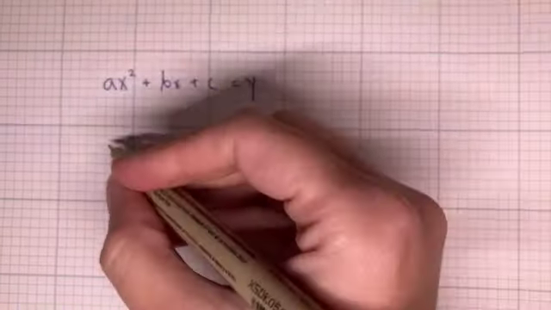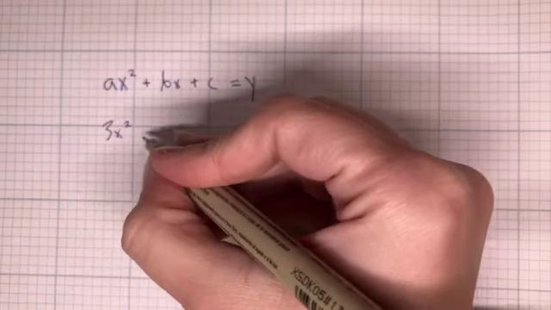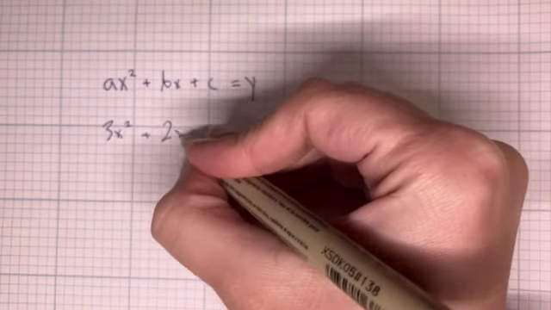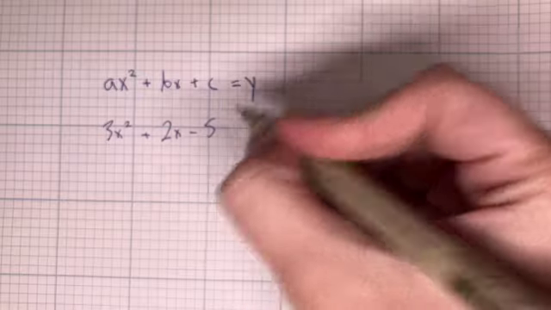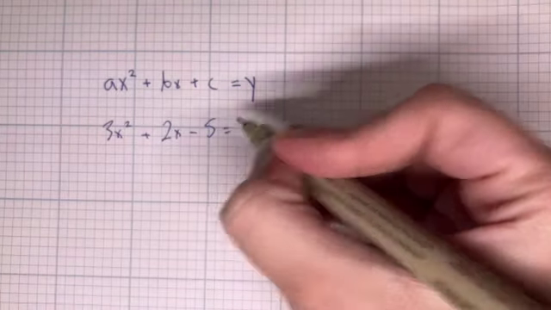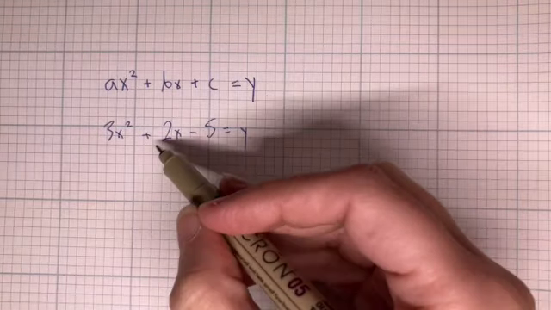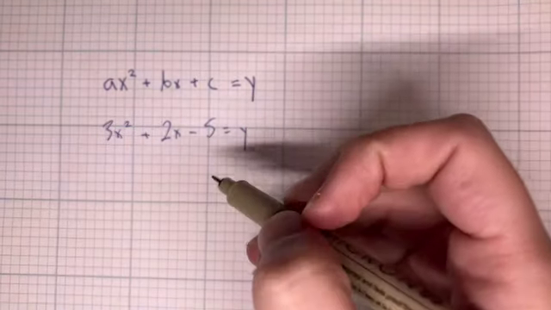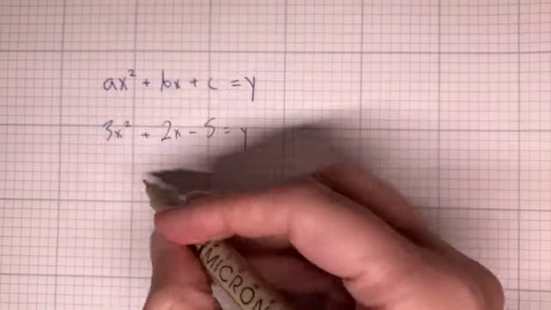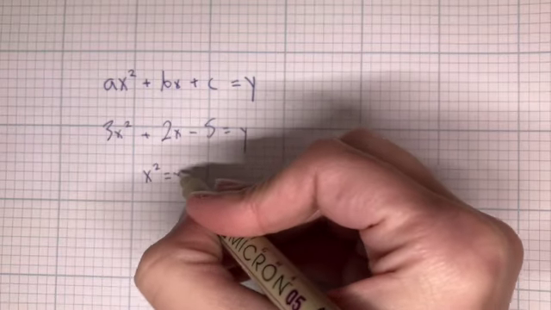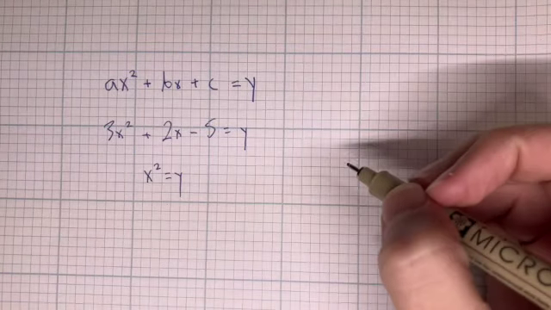So a could be 3, b could be 2, c could be -5. That would be a quadratic. The most basic form of a quadratic is where b is 0, c is 0, and a is 1. So it's just x squared equals y. That's the most basic quadratic function.